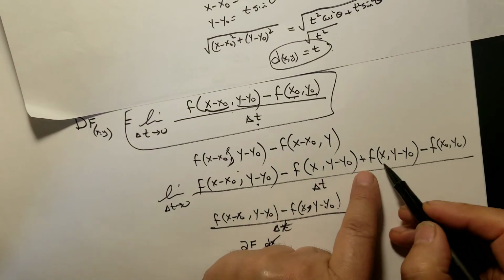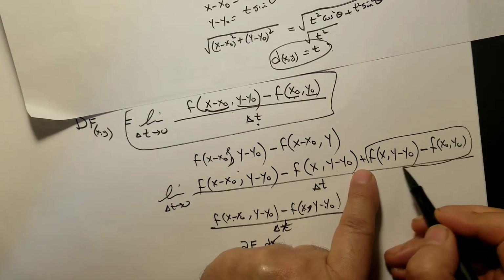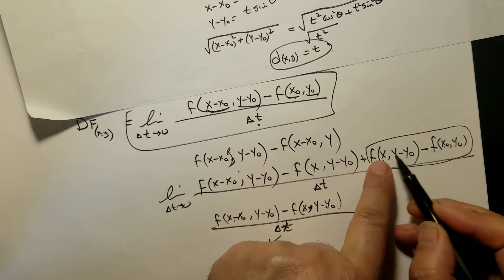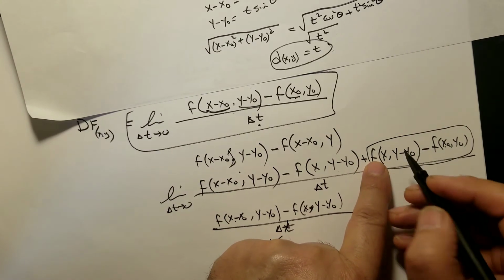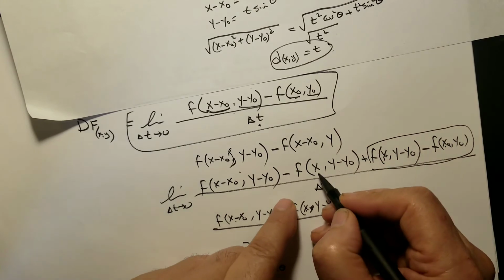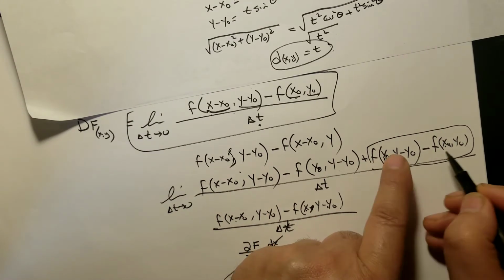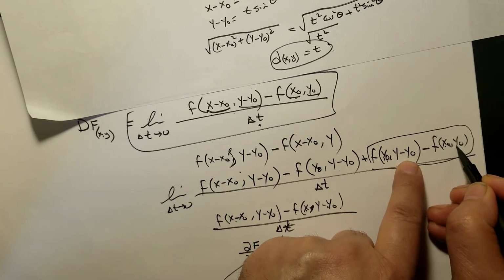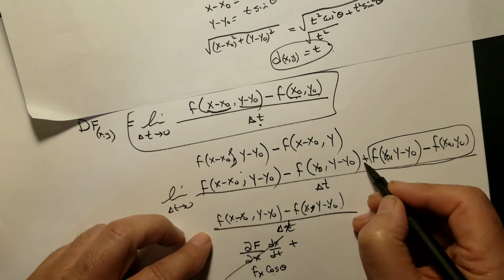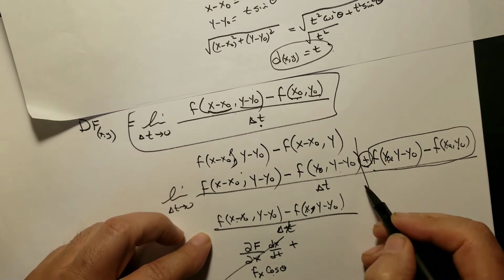Oh, what do you see in this part? x did not change. I'm sorry, this should be an x naught. That should be an x naught. That should be an x naught. x did not change, but y changed. Therefore, this is plus another derivative.